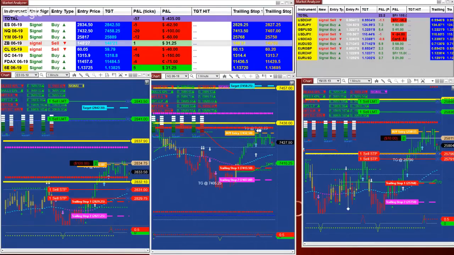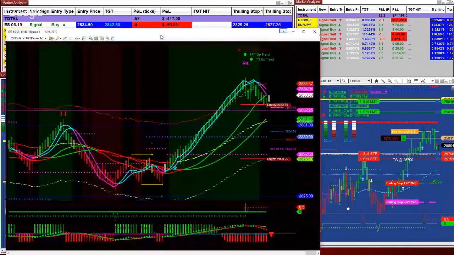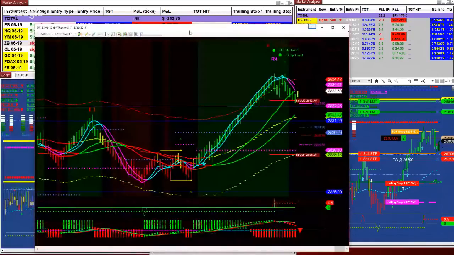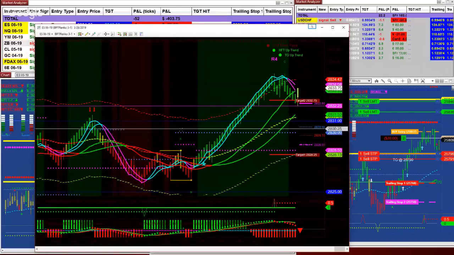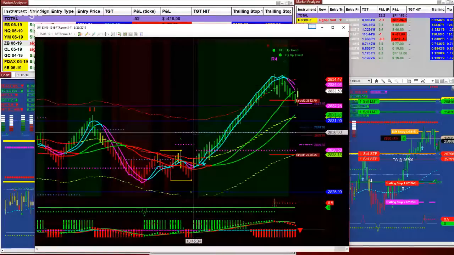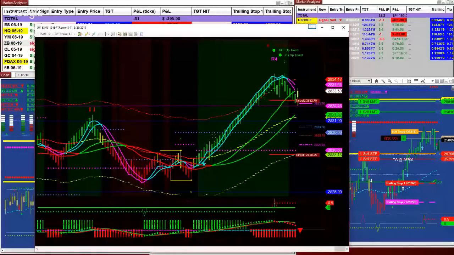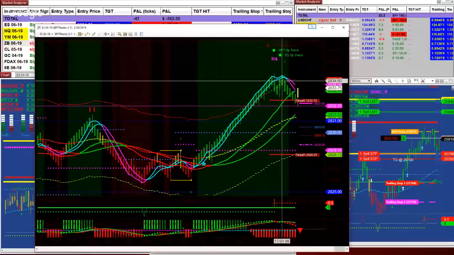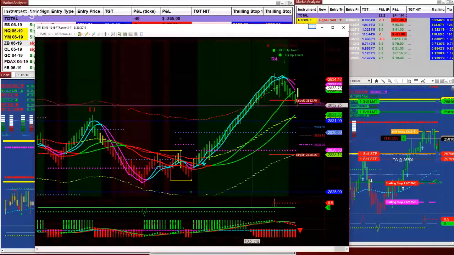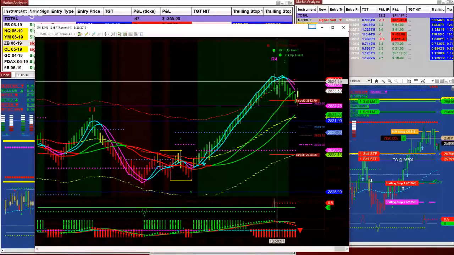Let me show you the reversals, for those interested in reversal. I'm sorry, but it is extremely hard to cover everything: reversal, CL, ES, Nasdaq, Dow Jones. If we notice on the ES with the Renko bar reversal, the trigger line was out of the band.